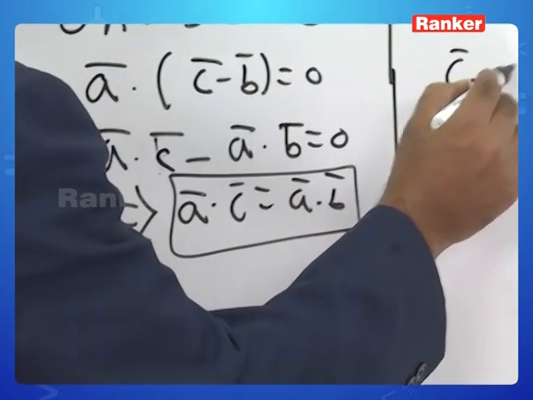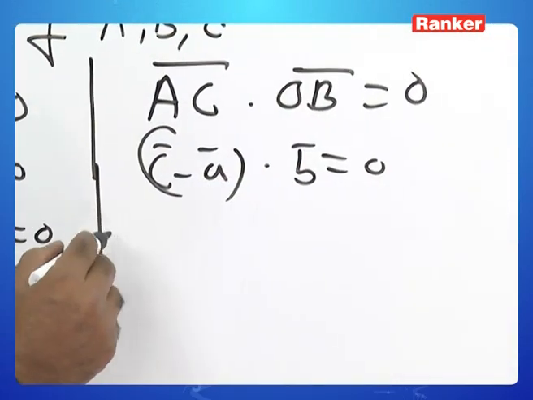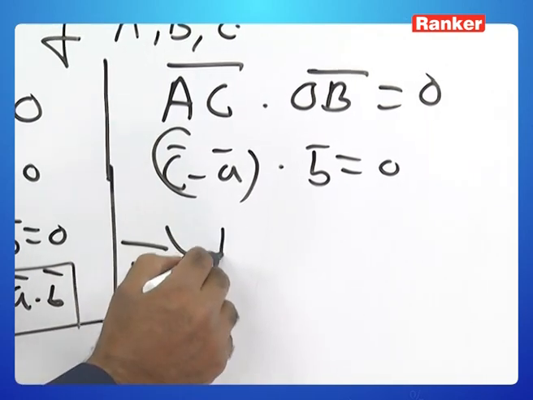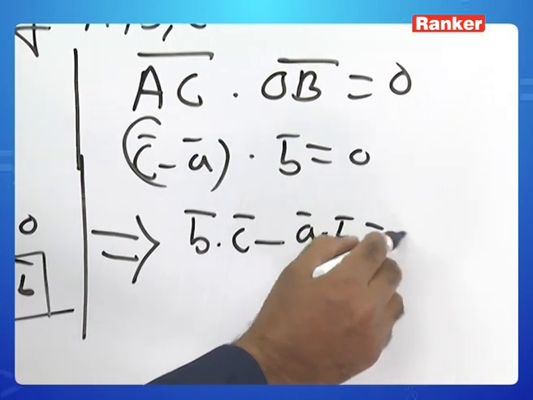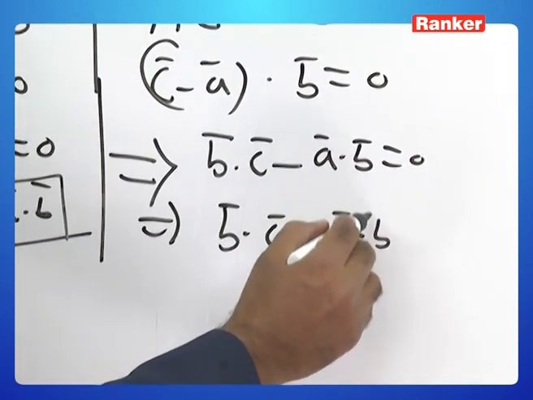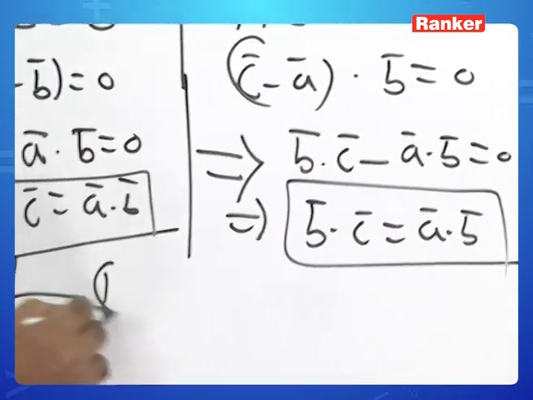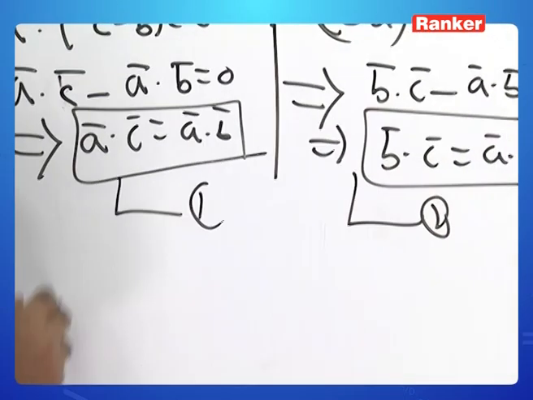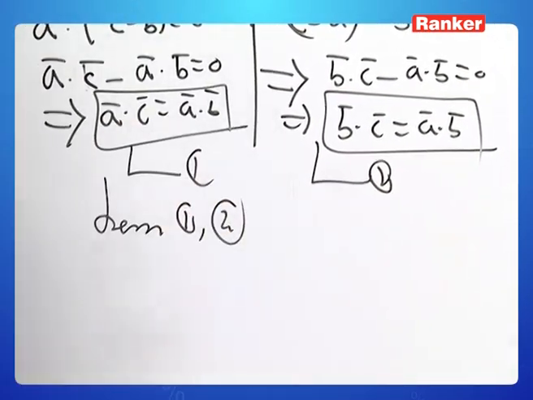Next, this is c bar minus a bar dot b bar is equal to 0. Now take the dot product: b dot c minus a dot b is equal to 0. So b bar dot c bar is equal to a bar dot b bar. Call this 1 and this 2.